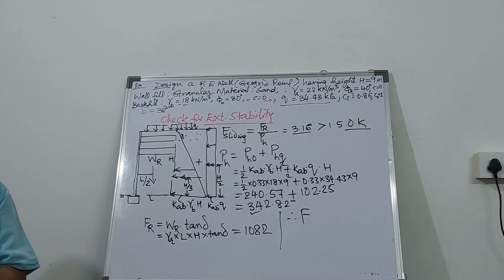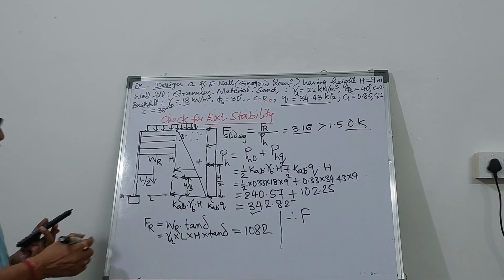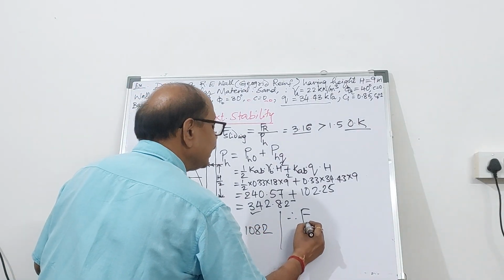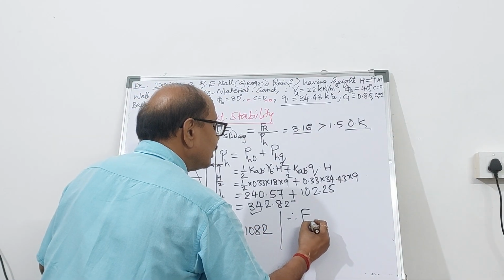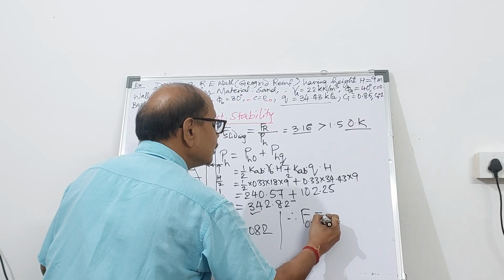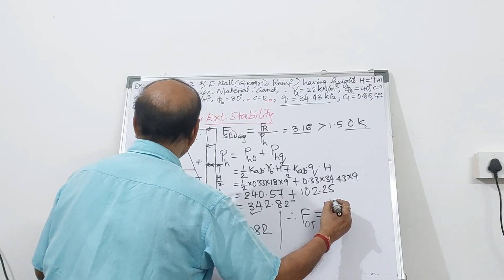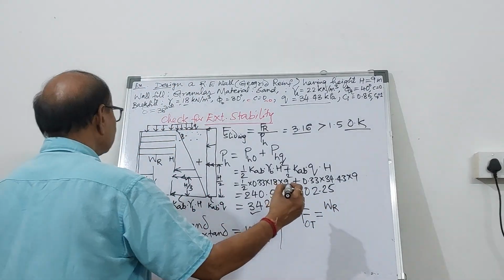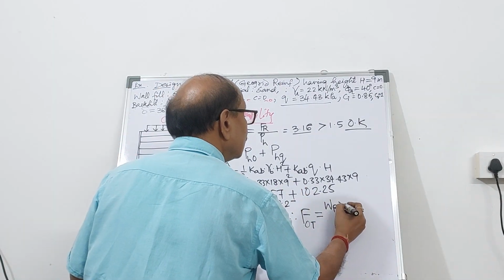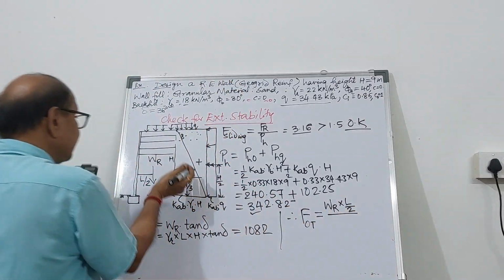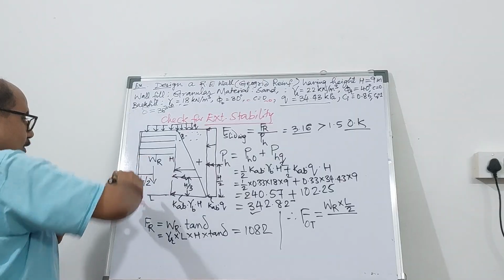So Wr into L by 2. So the factor of safety against overturning will be WR into L by 2. And this will try to overturn it.